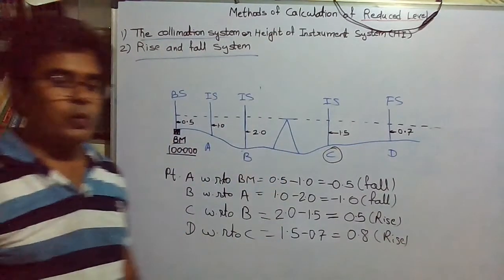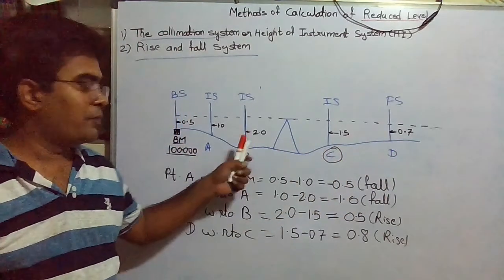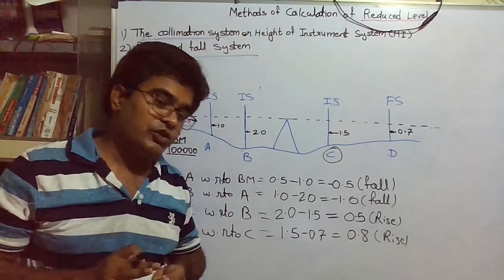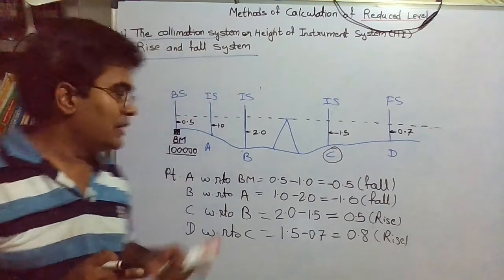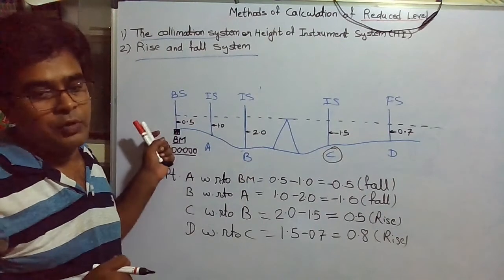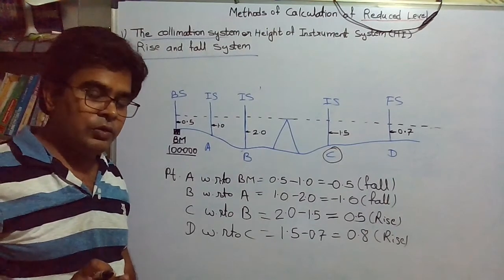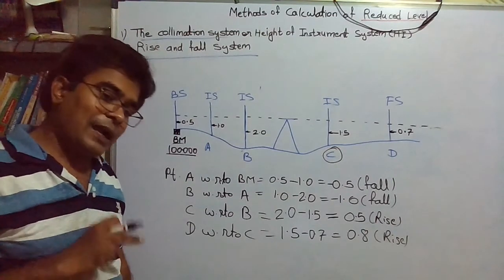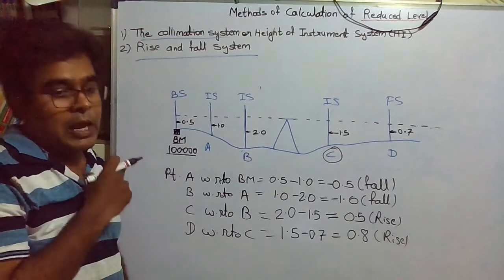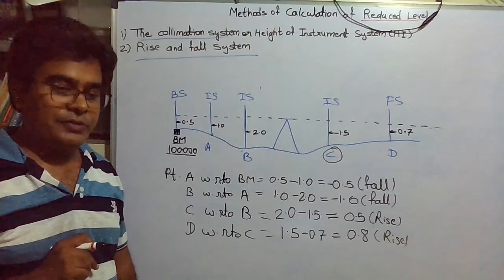We are always comparing the forward point with the preceding point and finding the level difference between these two points, to see whether the point is a rise or fall with respect to the preceding point. If there is a fall, we subtract that difference from the RL of the preceding point, and if there is a rise, we add that to the RL of the preceding point.